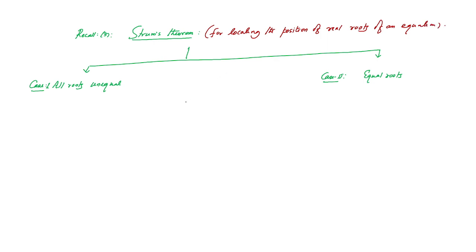That means it is basically used for location of roots. So for location of roots, we will use a Sturm function. I said there are two cases. One case is all roots are unequal, and another case is equal roots.